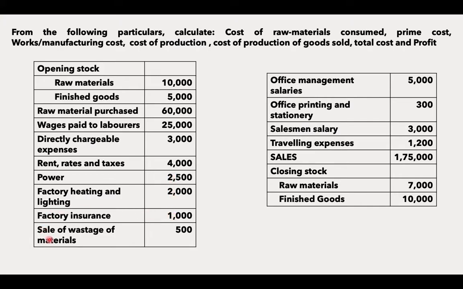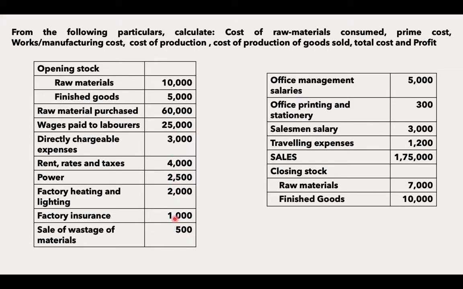But the sale of wastage of materials, or sale of scrap, comes from selling the residues or leftovers in production, and we can earn some income. So this 500 rupees can be called the income of the company. So these are all the expenses and this is actually income.